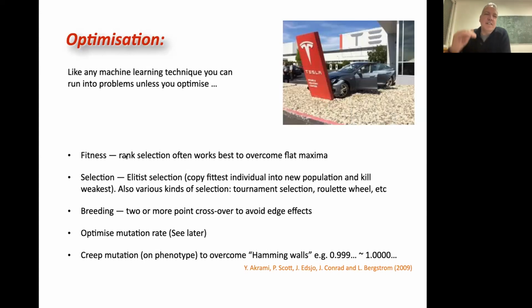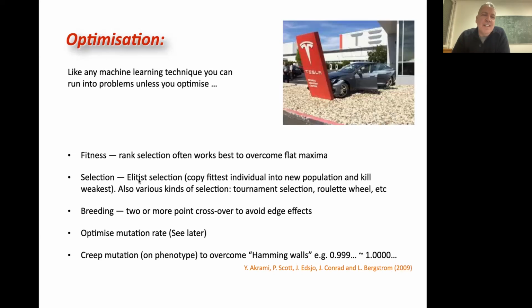Your fitness is really defined by just the ranking, not any particular value like the function value itself. The ranking is enough to overcome, for example, the minima getting very flat. You really just want the one which is slightly better. So ranking works quite well, we find.